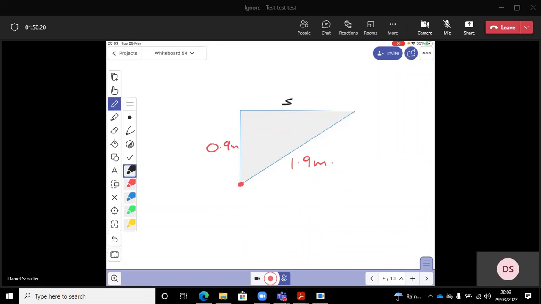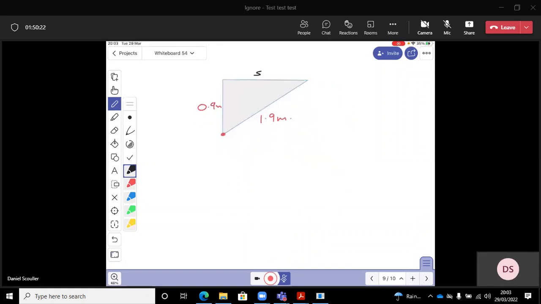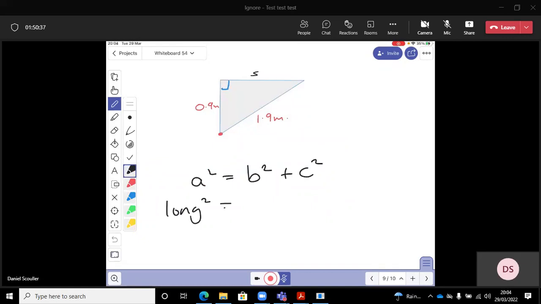I'll call it S for surface. Right angle triangles use Pythagoras. A squared equals B squared plus C squared. The long side, your hypotenuse squared, equals your short side squared plus your short side squared.